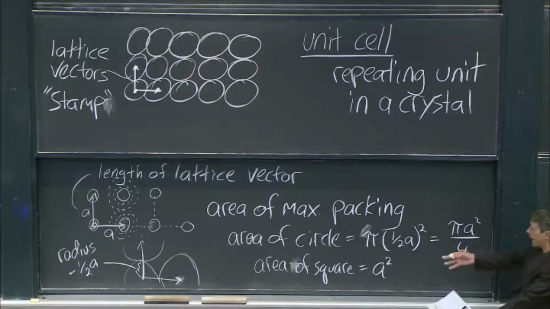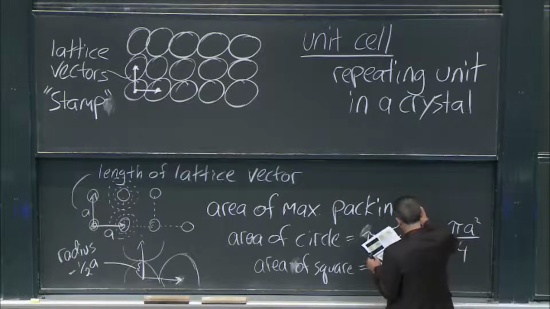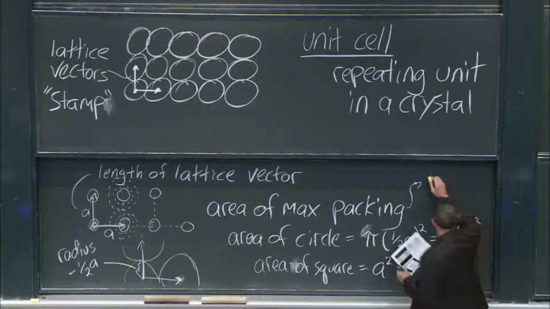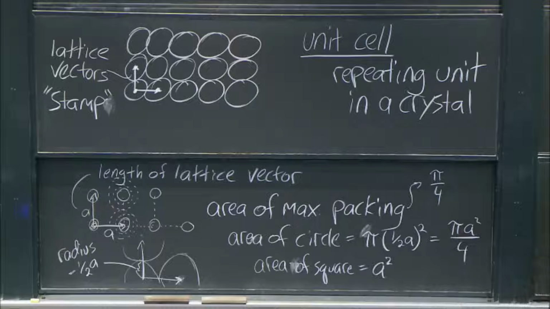And so the area of max packing is equal to pi A squared over 4 over A squared. Pi over 4, right? Because the A squareds cancel. So it's 78%.